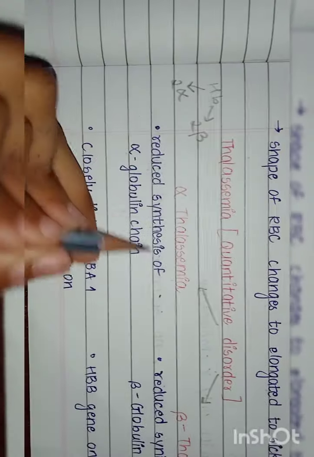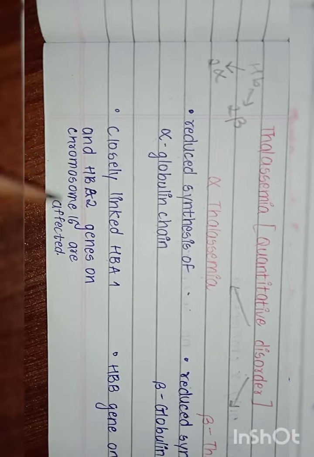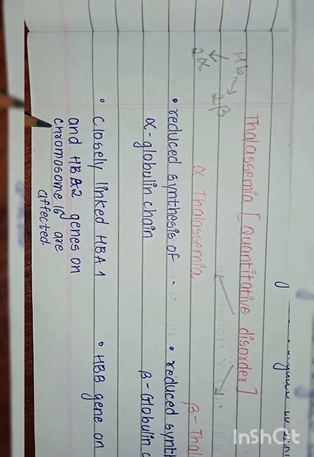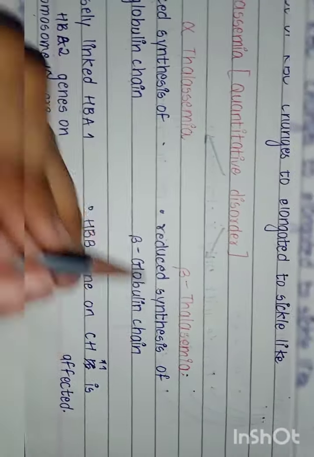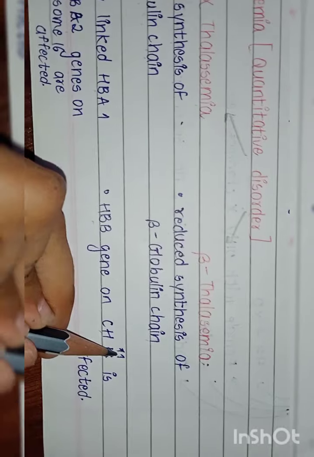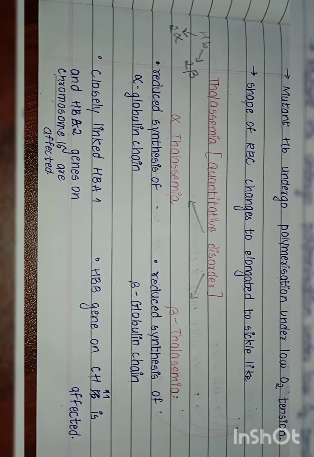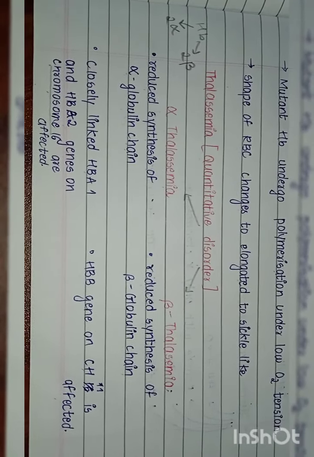In alpha thalassemia, the synthesis of the alpha globin chain is reduced, and the closely linked HBA1 and HBA2 genes of chromosome 16 are affected. It is necessary to remember that it happens on chromosome 16. Now, beta thalassemia reduces the synthesis of the beta globin chain, and the HBB gene of chromosome 11 is affected. Why is it known as a quantitative disorder? Because the globin protein of hemoglobin is reduced.